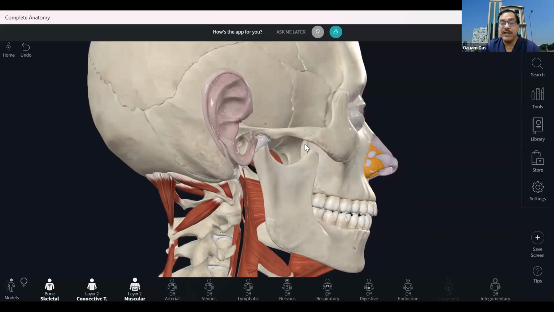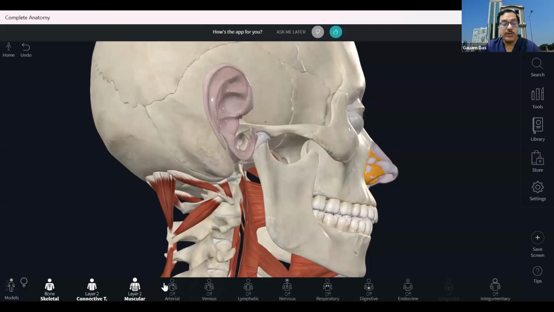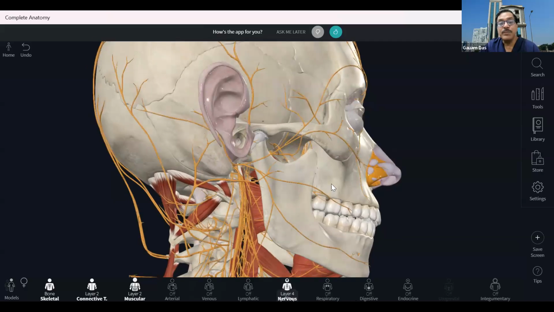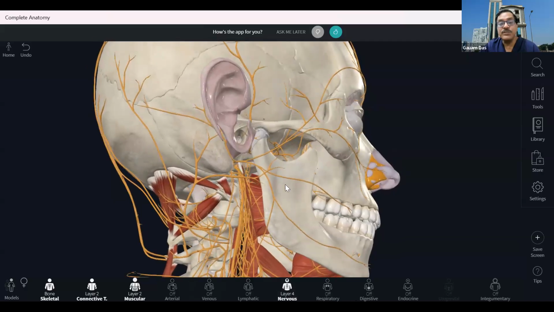If you wish to go for the mandibular nerve injection, you have to go to the uppermost part of the foramen. So let me put the nerves there, then you can have some idea about where the nerve is. Let me remove this maxilla.